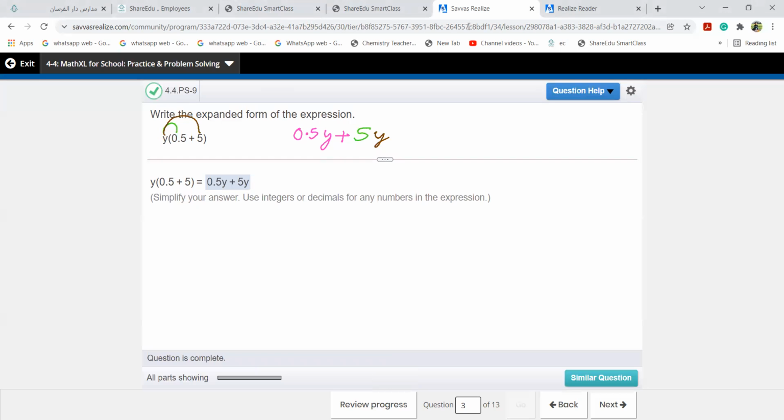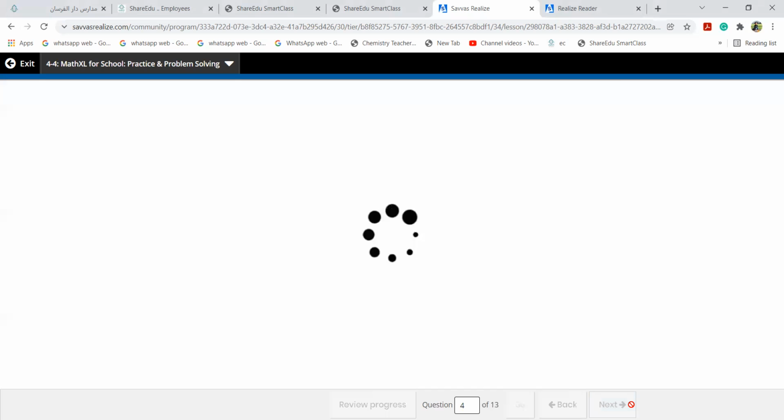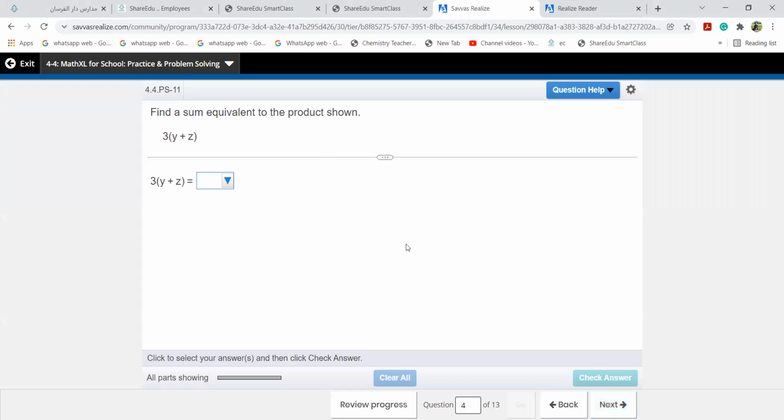Malak, please do with me again. Okay, I'll give the next question. Come on, Malak, tell me what will you do? First step. First, we will multiply 3 by y plus 3. Very good. 3y. You multiply 3 with?